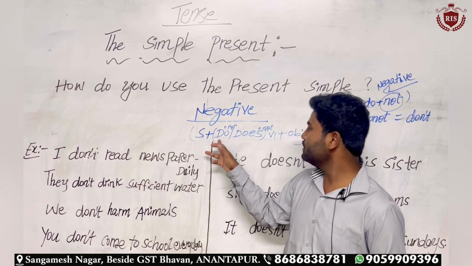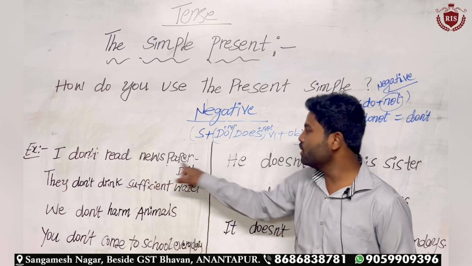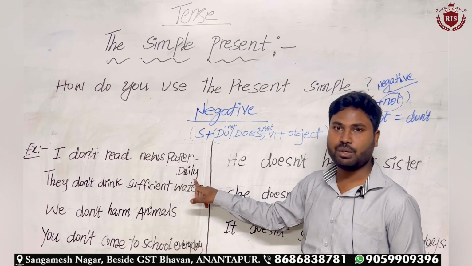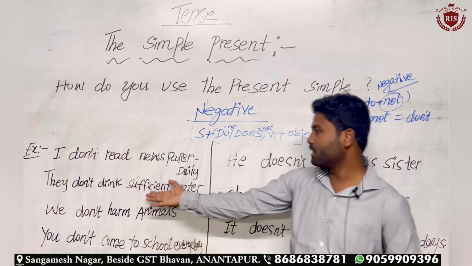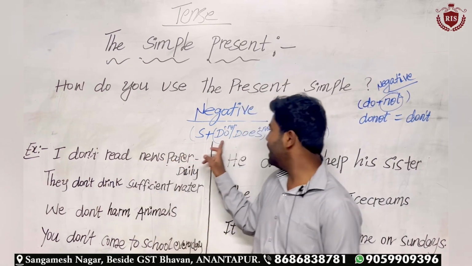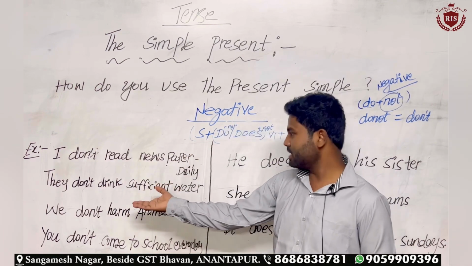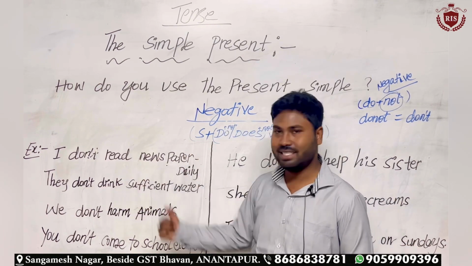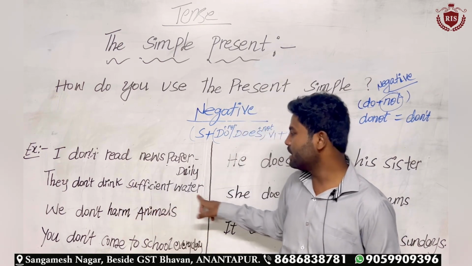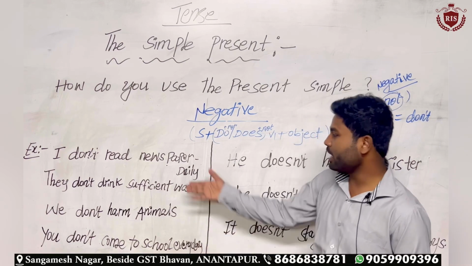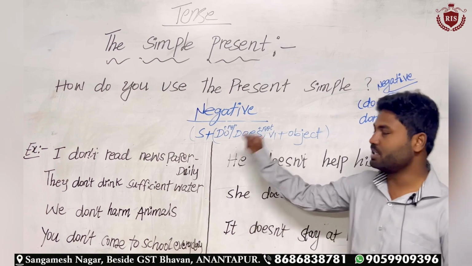So I don't, v1 read, and newspapers daily is the object. Match this structure to the second example: the subject is they, and the contracted form don't has been picked because the pronoun is they, and v1 we have placed here and the object follows. In the same way, the third and fourth examples stick to it.